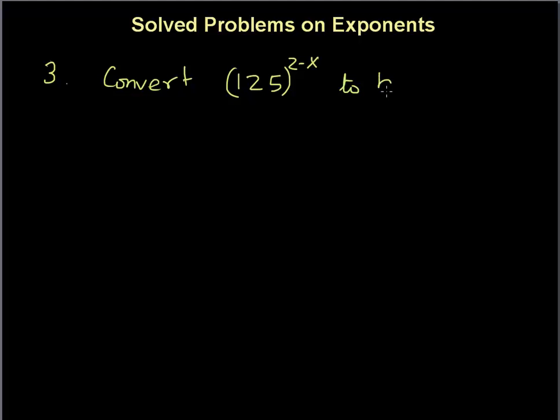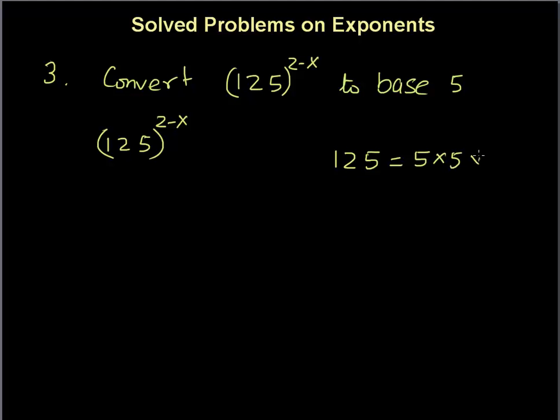So 2 minus x, base 5, right? Okay, so let's do it. I would like to write down first 125 in the same way, with the power 2 minus x here. And I know 125 can be written with factors 5 into 5 into 5, right?